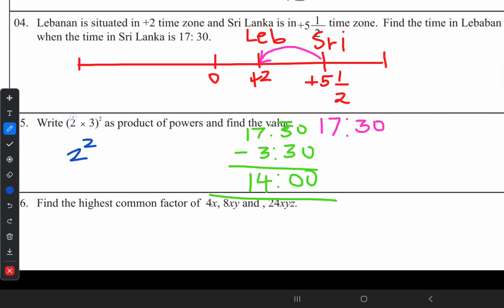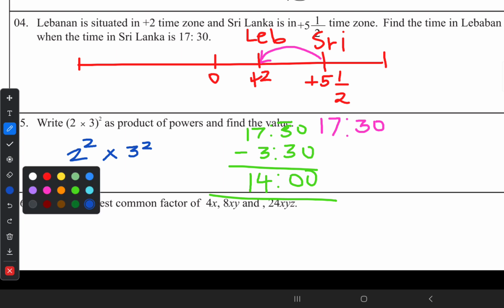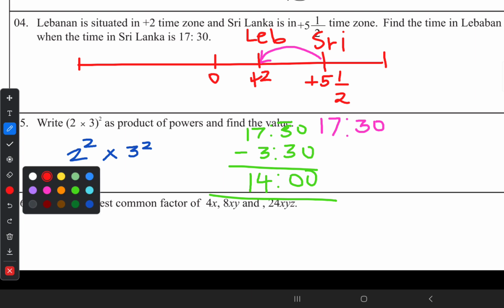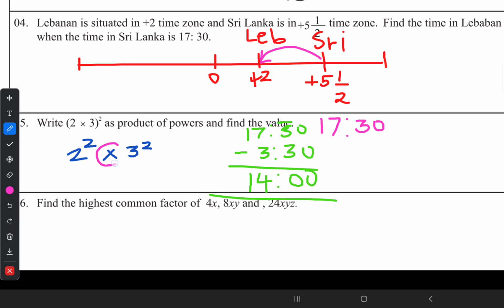That's why we indicated it by using the bracket. This is the way you can express it as product of powers. Product means multiplication. Powers means both constituents in this expression have powers. So multiplication of powers is what is indicated as product of powers.